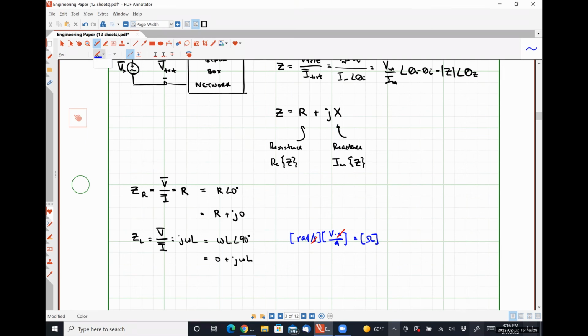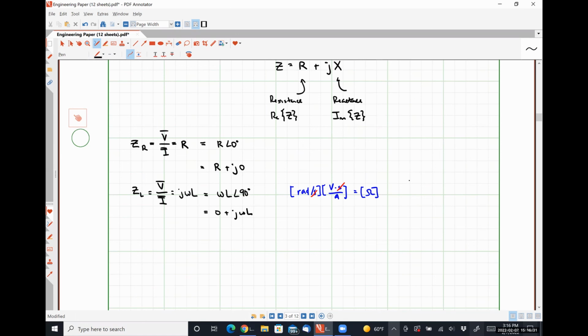If we look at a capacitor, I shouldn't have that line there.